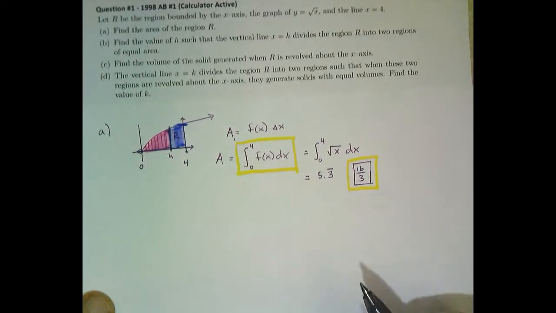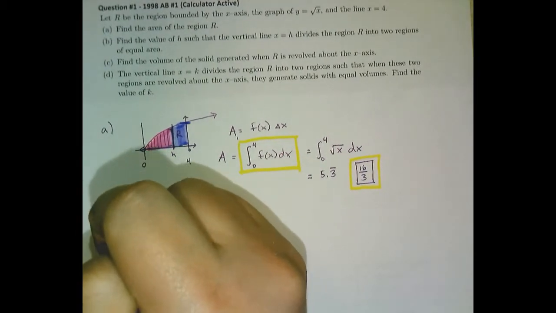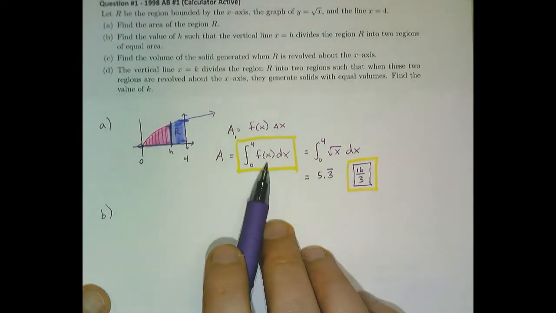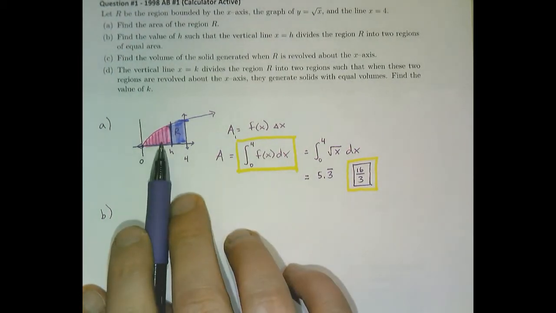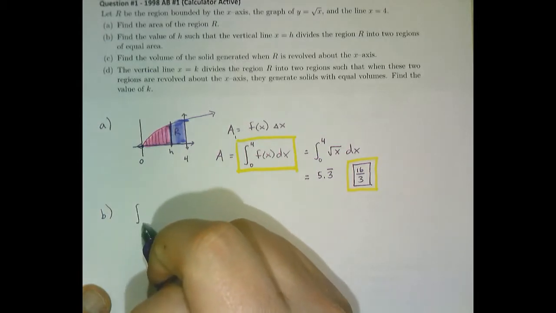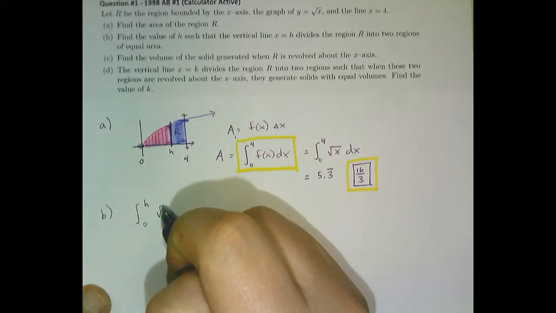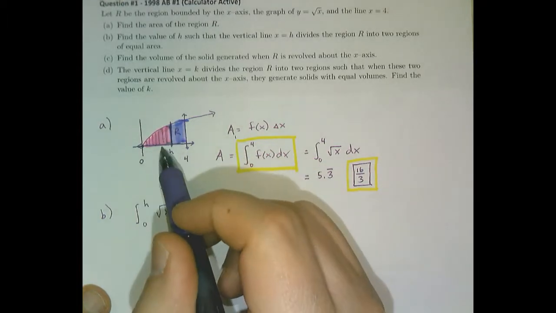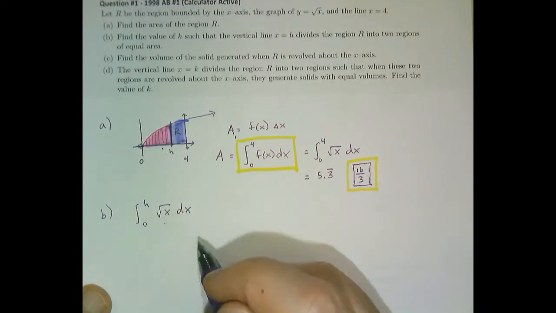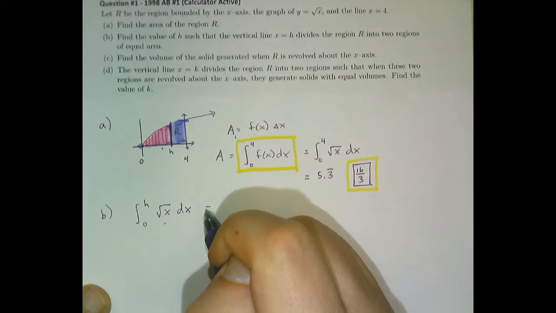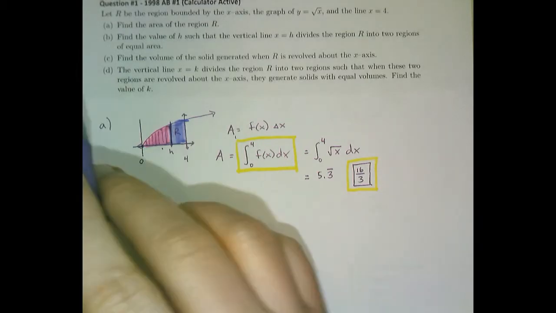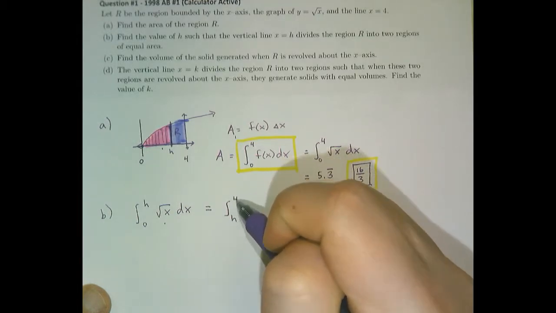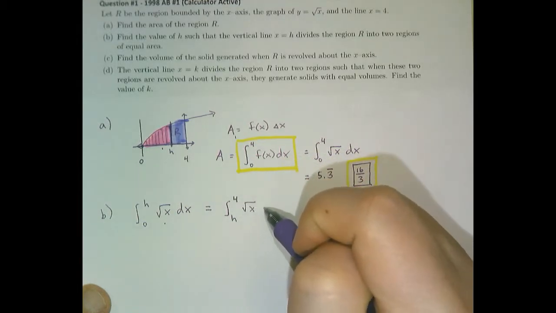In part B, it's a pretty straightforward problem. It's just another area calculation, and the pink region is the area from 0 to h of the curve, root x minus 0, or just root x. And then this has to be equal to the area of the purple region, which starts at h and finishes at 4 for root x dx.